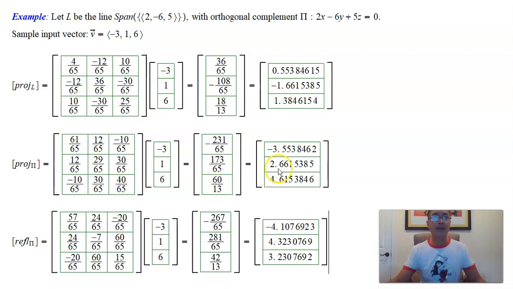Similarly here, you will have to multiply by 2.66. 6 times 2.66 is way bigger than 4.6. Here, 4.3, 6 times 4.3, way bigger. So none of these 3 vectors is parallel to the original vector.